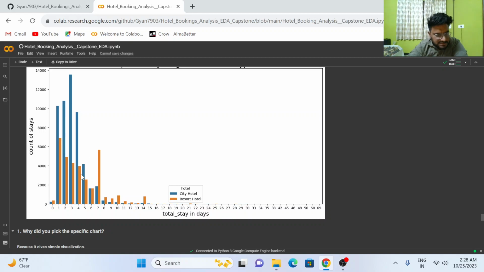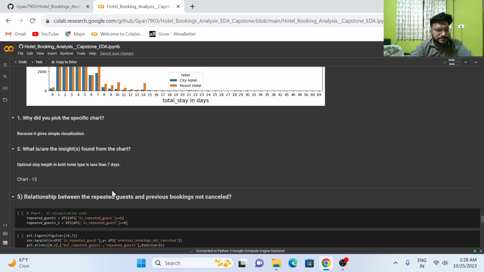So we can clearly see that for the first 5 days, the city hotels were the preferable choice, but it actually started decreasing as the number of days increased. You can see that for stays of more than 6 days, people started preferring resort hotels more than the city hotels.